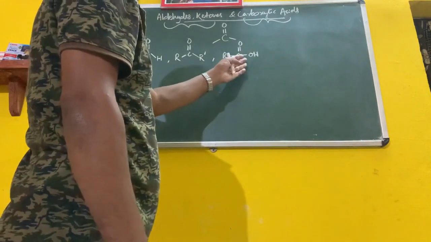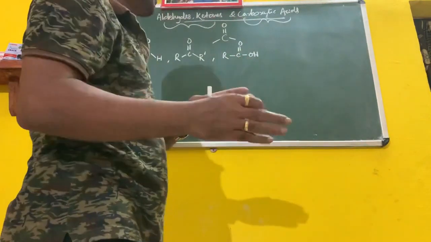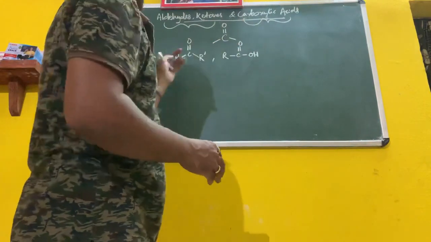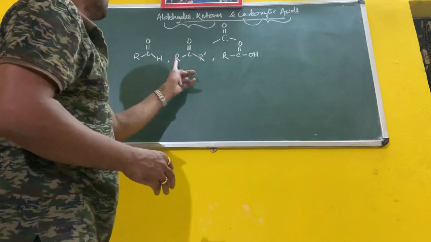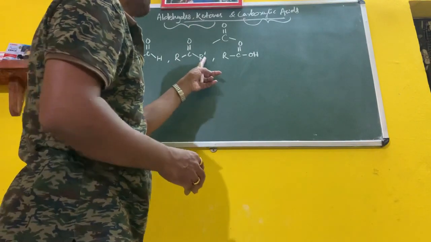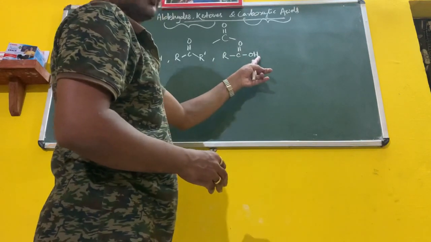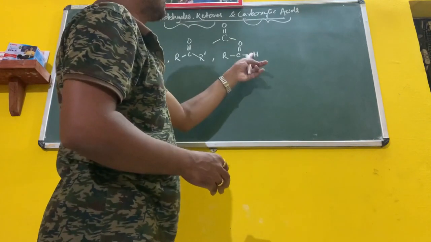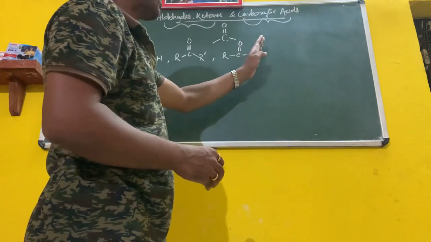This is your carboxylic acid. That is your carbonyl and hydroxyl. Carbonyl and hydroxyl give carboxylic. Aldehyde has one alkyl and hydrogen. Ketones have two R parts, meaning alkyl parts. R and R dash may be same or different. And RC double bond O is your carbonyl group, and OH is your hydroxyl, so this is known as carboxylic.